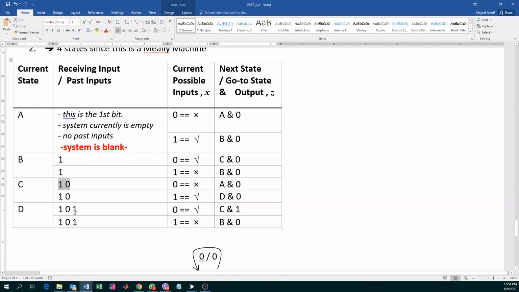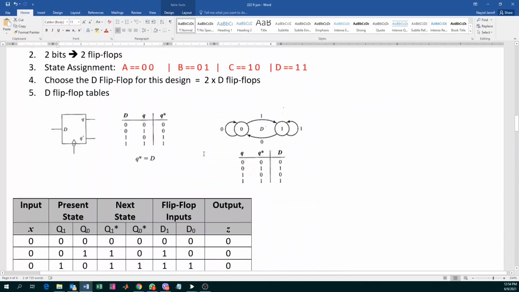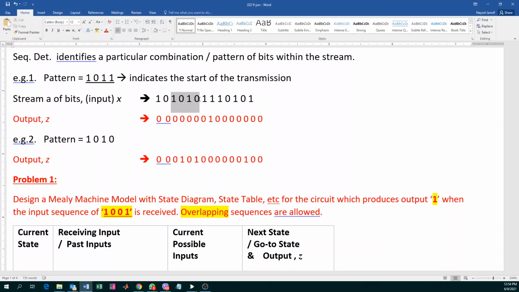We have to drive it to another state, because remember our original example over here? Let's have a look at this. 1 0 1 0. But then you've got 2 sets of 1 0 1 0. Firstly, there was a 1 0 1 0 here, then there is a 1 0 1 0 here. Can you see? There are 2 sets of 1 0 1 0 in the same bit stream.